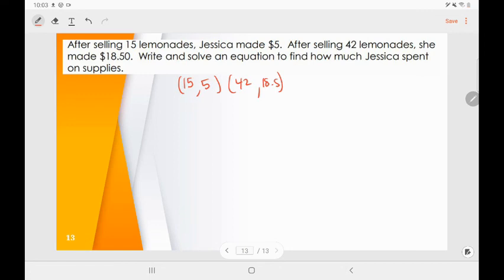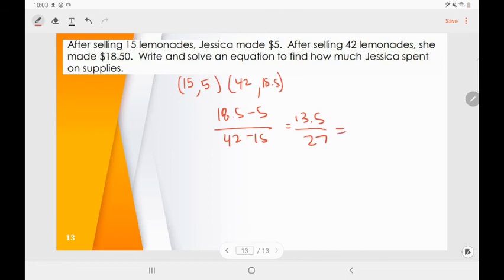I am going to find my slope. So 18.5 minus 5 divided by 42 minus 15. 18.5 minus 5 is 13.5. 42 minus 15 is a grand total of 27.